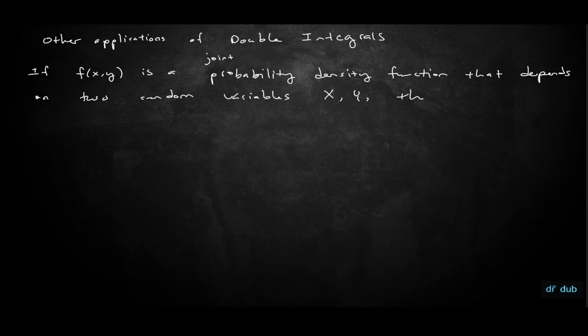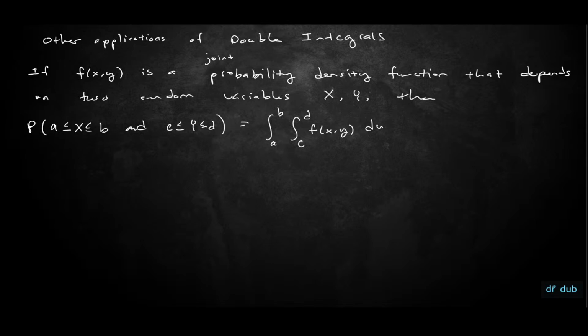Then the probability that x is between a and b, and y is between c and d, is equal to the double integral from a to b for x, integral from c to d for y, of f of xy dy dx.